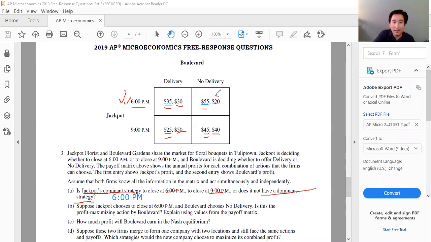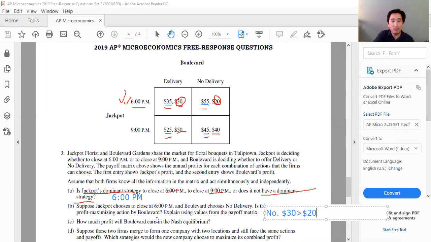You take a look at this here, 20 is the profit with no delivery, but 30 is the profit maximizing with delivery, right? So is this a profit maximizing amount? No. Why? Because $30 is greater than the $20 that's going to get here. Now, let's take a look at the Nash equilibrium.